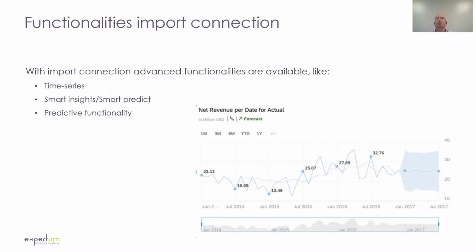The Smart Insight and the predictive functionalities that come with it look back to the entire past, as long as you teach the system that it should look back to the entire past. Based upon that information, it will give the most probable outcome for the next period.